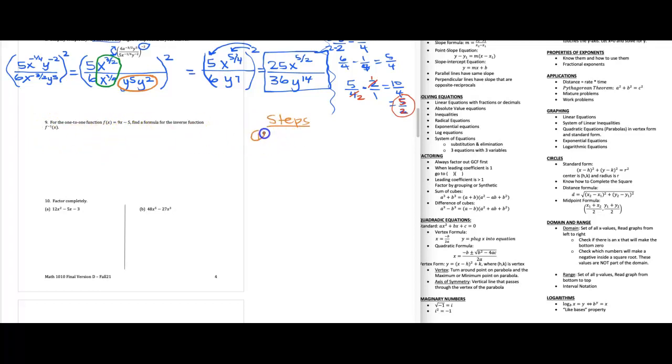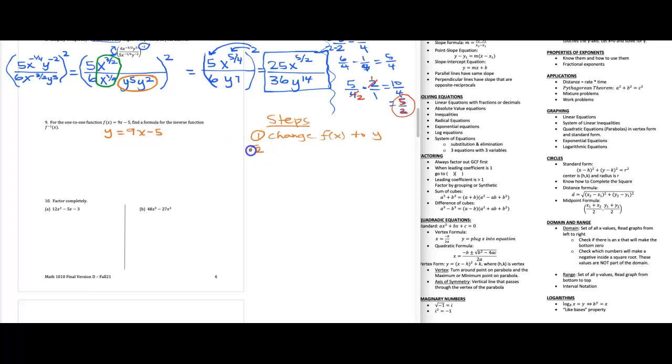The very first thing you want to do is change f of x to y. F of x is the same thing as y. We write it as f of x just to say this is a function, just to make it stand out. But it's easiest to have it not written in function form, so I'm going to have y equals 9x minus 5.